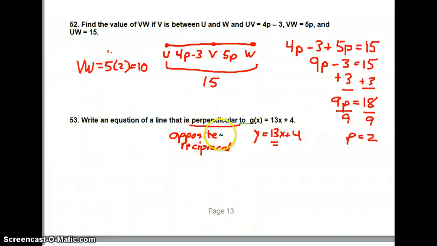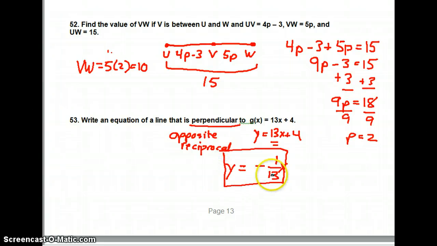That means it has to have a different sign and be flipped over. So if this is 13, the reciprocal is 1 over 13, and the opposite sign will be negative. We don't need a y-intercept, so we can just say y equals negative 1 over 13 x. And that is the equation of a line perpendicular to the first one.